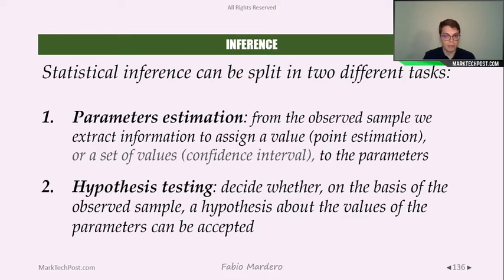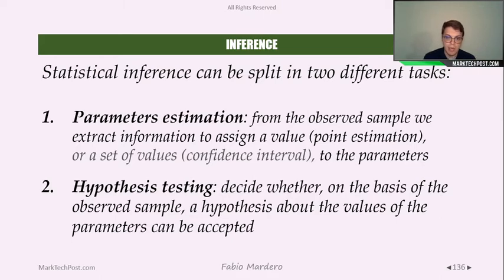We will cover in this course only point estimation. Another task we can do with statistical inference is hypothesis testing. Hypothesis testing is about deciding whether, on the basis of the observed sample, a hypothesis about the values of the parameters can be accepted or must be rejected.